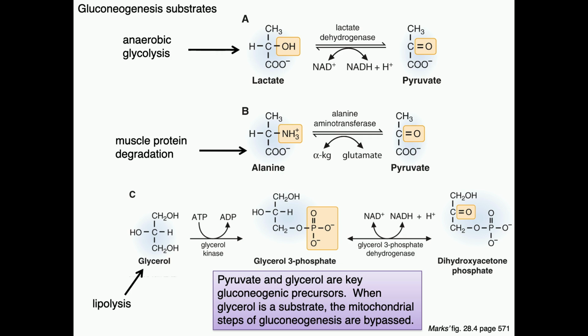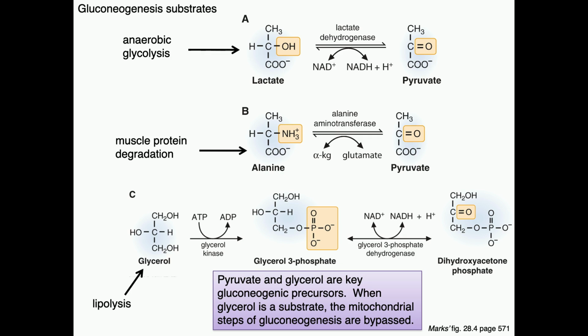So glycerol can be converted into glycerol 3-phosphate by glycerol kinase, and this glycerol kinase is only expressed in the liver, and that has some consequences for who can store fat that we'll get to in a moment.